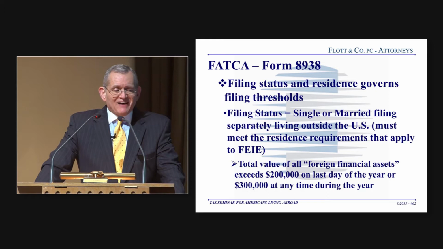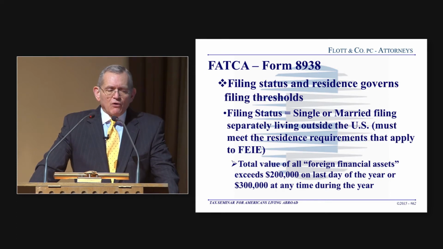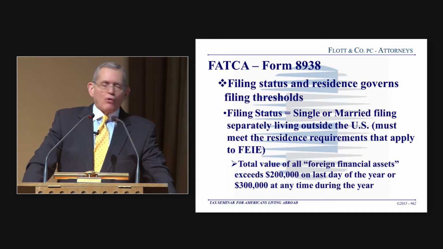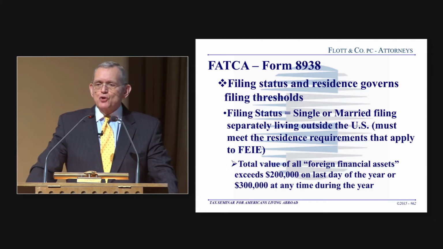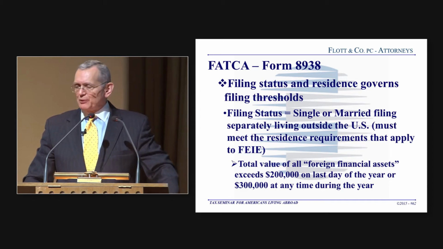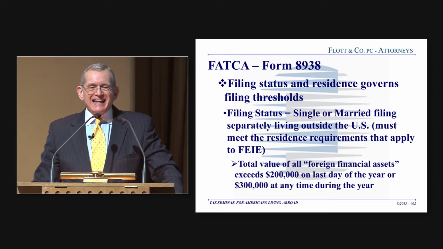If you're single or married filing separately and you live outside the United States, and the total value of all foreign financial assets, and we'll get to those in a minute, exceeds $200,000, again, this is all equivalent to $200,000, on the last day of the year, or $300,000 at any time during the year, you have to file the form. It's an either-or test.